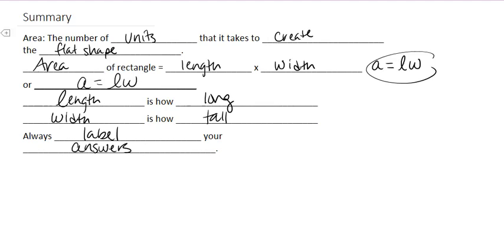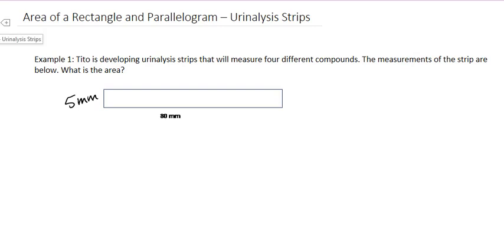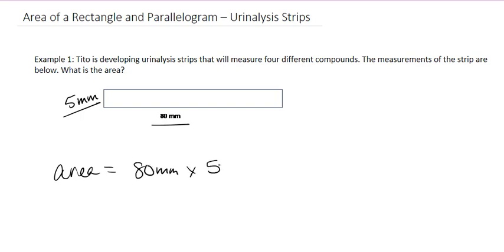So let's go back to our example. So we have 80, which tells us the length, and 5 as our width. So in order to find the area, we're going to multiply the 80 milliliters times 5 milliliters.